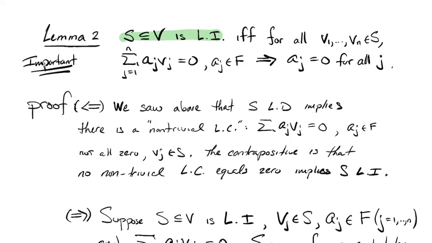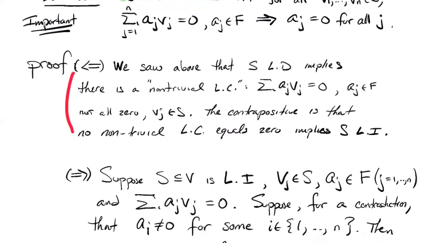Okay, I know I'm talking fast, but if you stop and sort out the logic and write out these quantifiers yourself, you'll see that, because remember, dependent and independent are opposites of each other. So anytime you have a theorem that says something implies something is linearly dependent, you can look at the contrapositive and negate things. That's what I'm doing for this part of the proof.